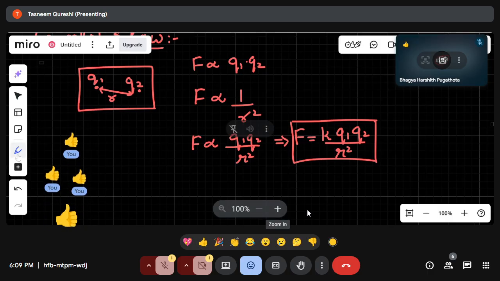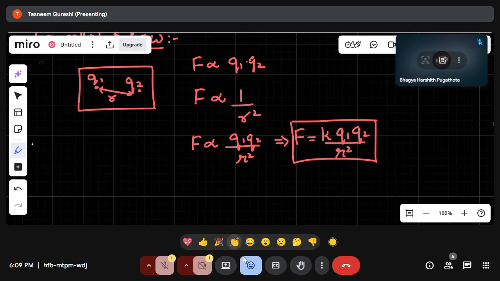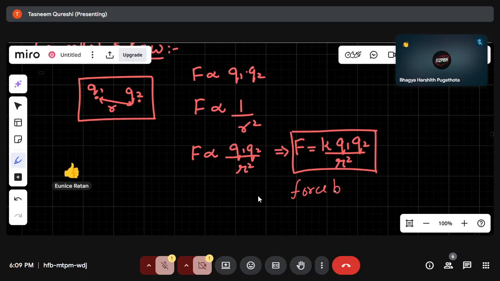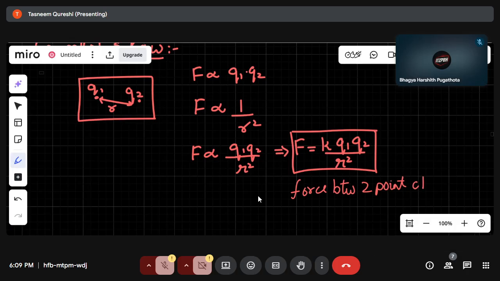This gives you the force between two point charges. So have you studied properties of charges? Is it completed?